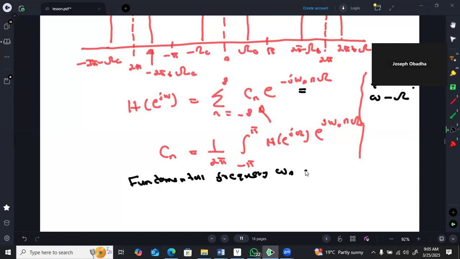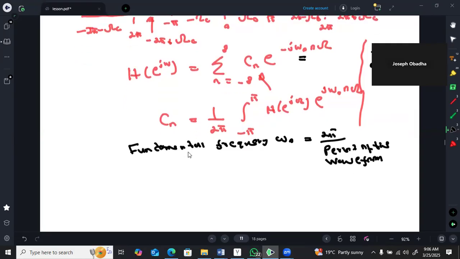Omega naught can be expressed as 2 pi over the period of the waveform, which would simply be omega naught equal to 2 pi over 2 pi, which is equal to 1. So this further simplifies our equation.